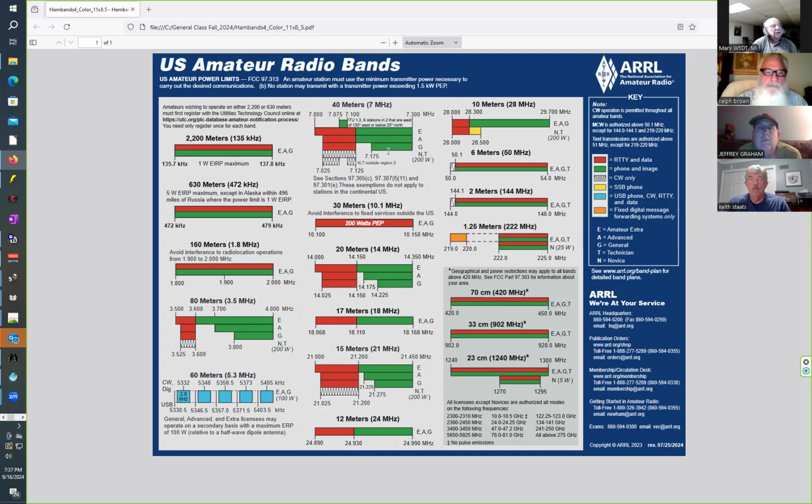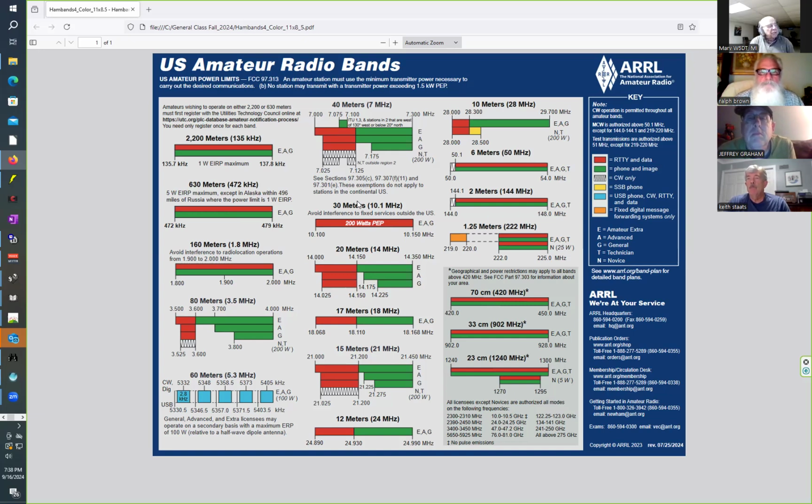Yep, we see it. Okay. So if you've got a 3 kilohertz width on your single sideband, you can't be at 7.175. You've got to be above that. If you're right on 7.175, you're going to be out of your band privileges. So you've got to be very careful about that. And it's the same way at the top of that too, at 7.300. If you're right at 7.300, you're going to be out of your band privileges.